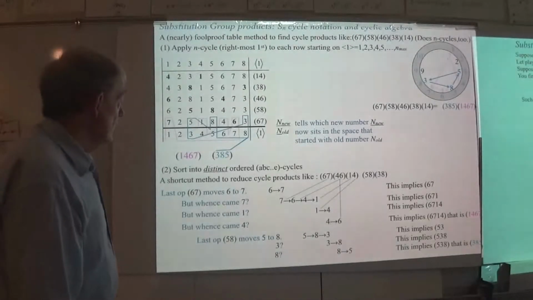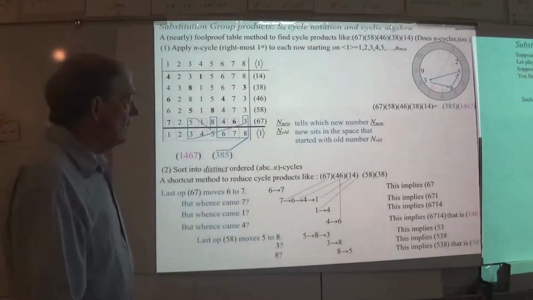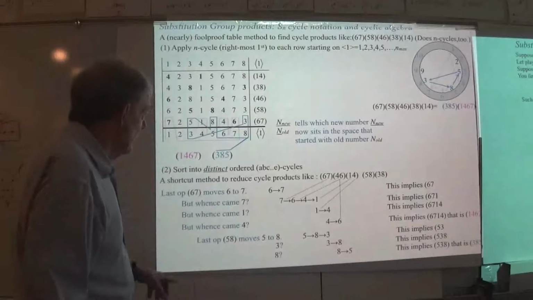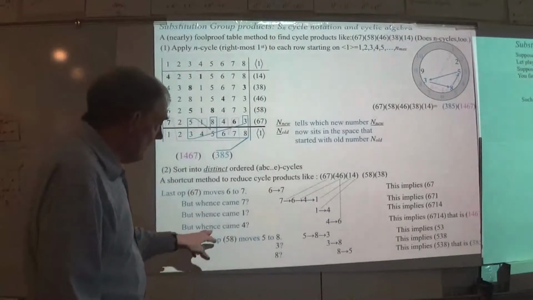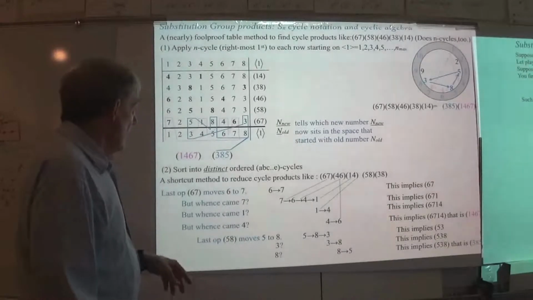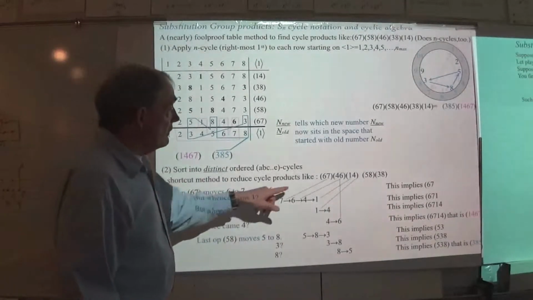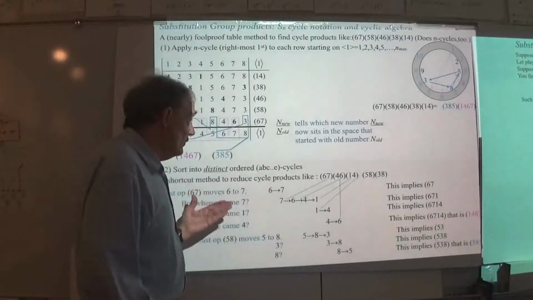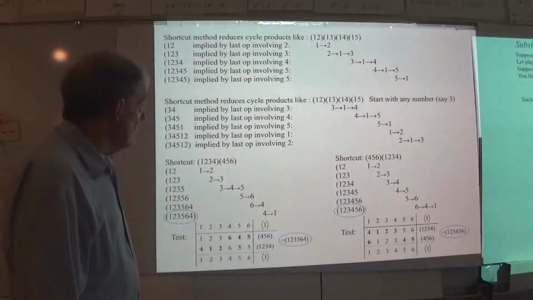So you keep asking where things go each time, and finally the last thing that you get here is asking about the 4, and that will finish this. You started with 6, okay? It says go back to 6. That means you've finished the cycle, and you write that down.